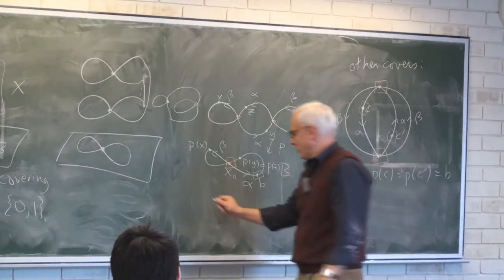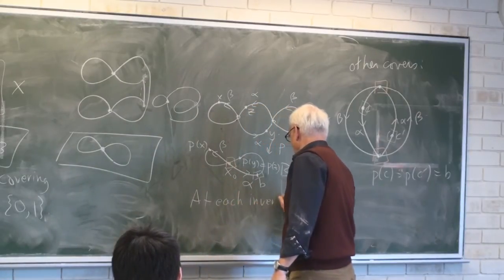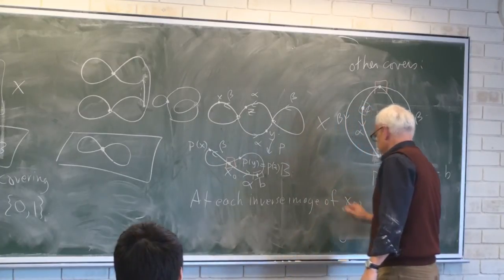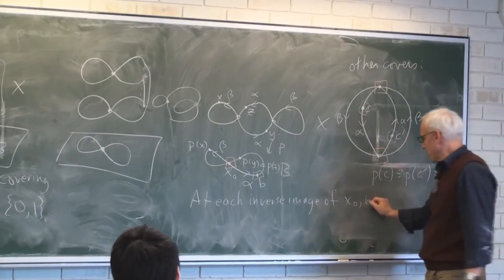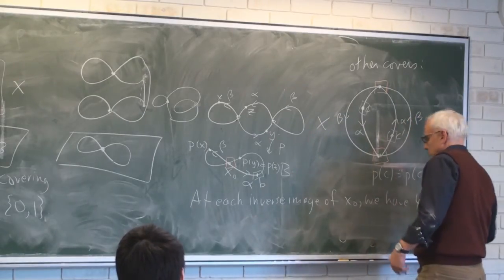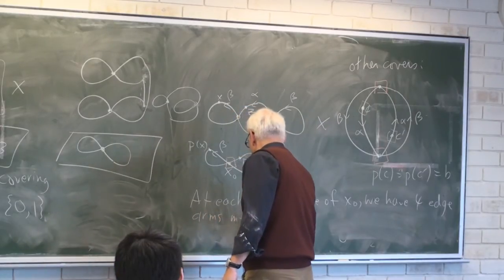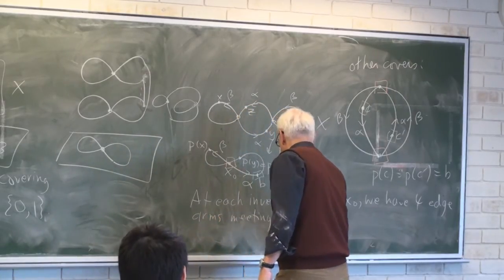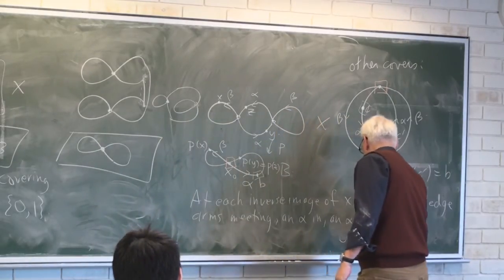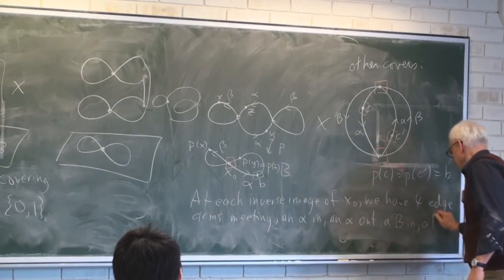So at each inverse image of x0, we have 4 edge, well, let's say edge arms meeting: an alpha in, an alpha out, a beta in, and a beta out.